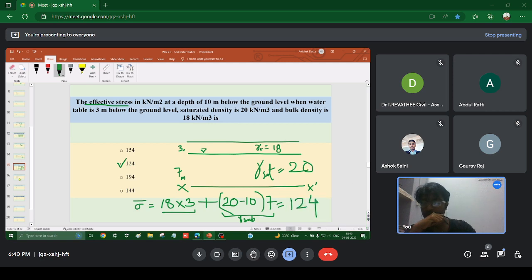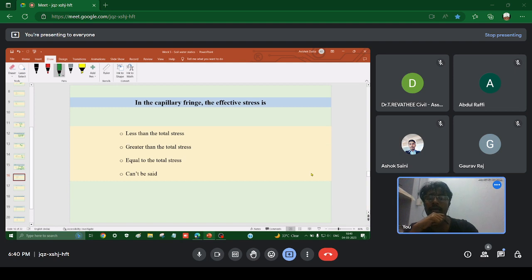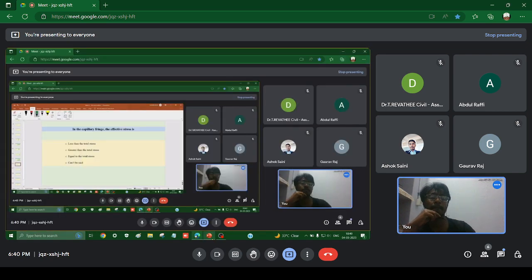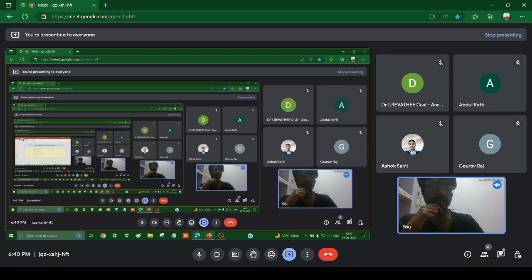Okay, next question. In the capillary fringe, the effective stress is, what is the answer? This is easy question. What is the answer, Abdul?